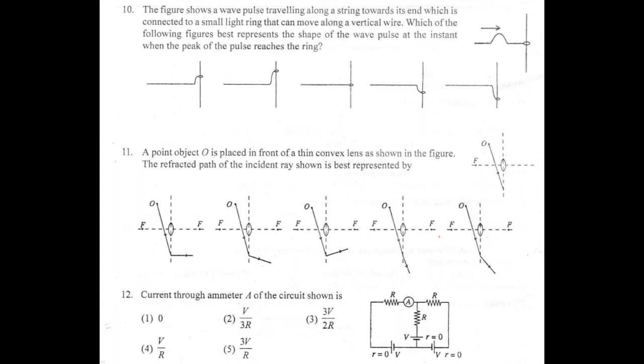Question number 13. A coil made up of platinum wire has a resistance of 50 ohm at 0 degree Celsius. When it is immersed in melting lead, the resistance of the wire increases, and that resistance is given, and the temperature coefficient of resistivity of platinum is also given.